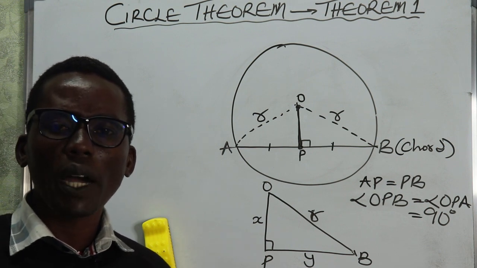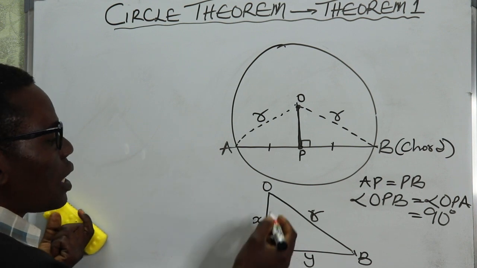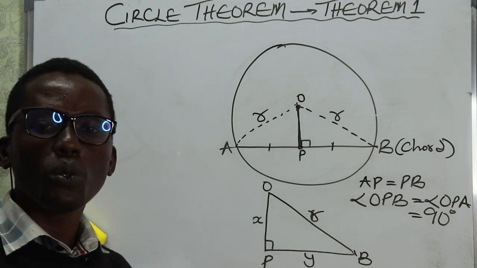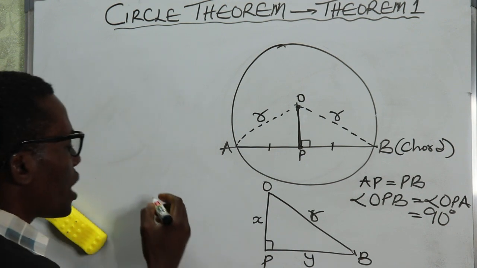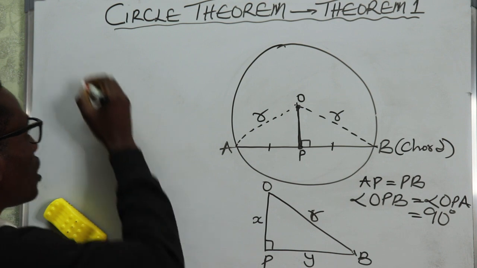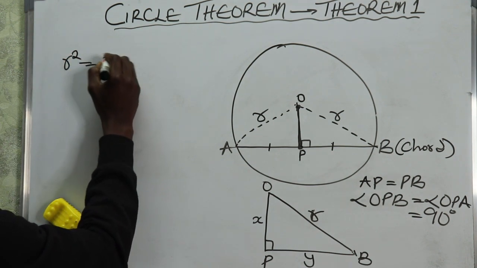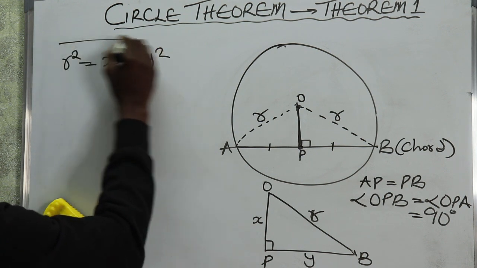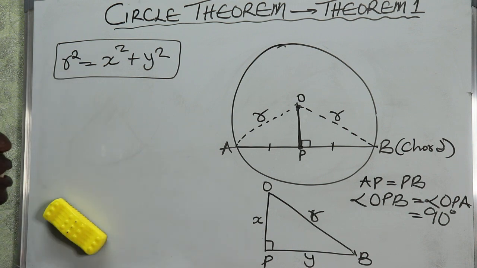Now if we use our Pythagoras theorem, remember Pythagoras theorem states that the square of the hypotenuse is equal to the sum of the squares of the other two sides. So we can now see that r squared is equal to x squared plus y squared.